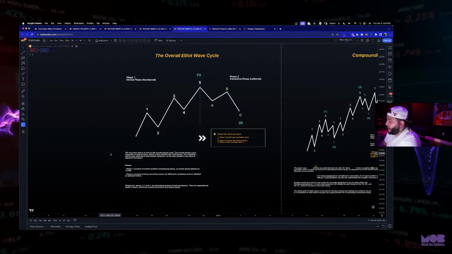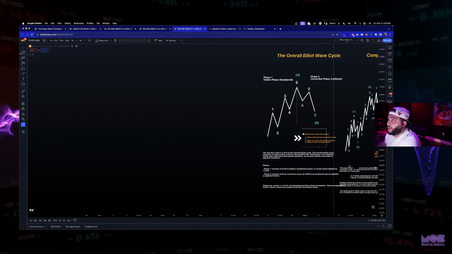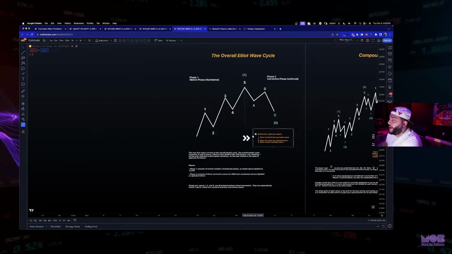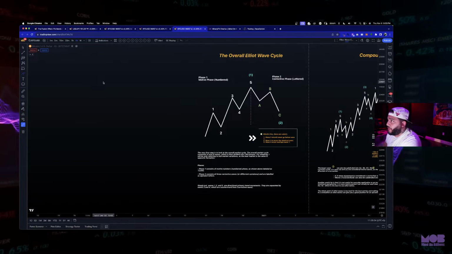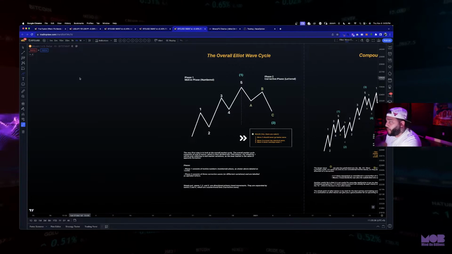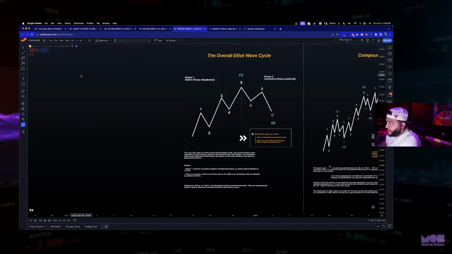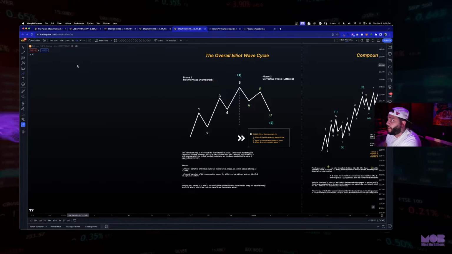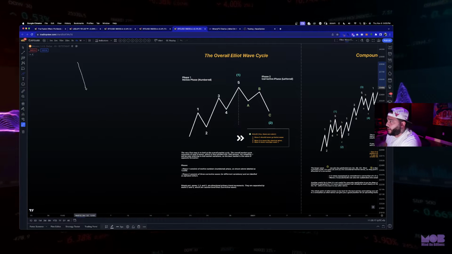If you really need the visual, let's make it real quick. Remember, there's going to be the motive phases followed by the corrective phases. So in this case, instead of pushing up, we're pushing down. Boom. That's wave 1.